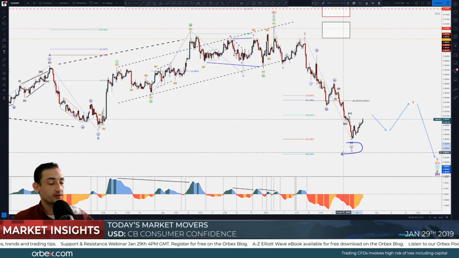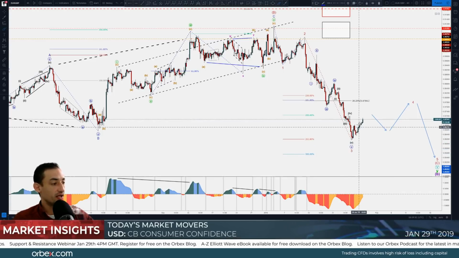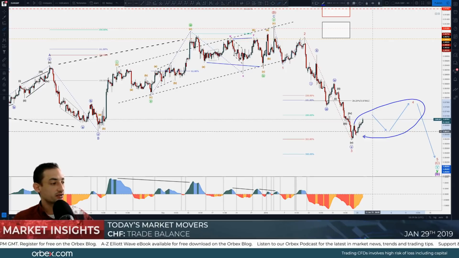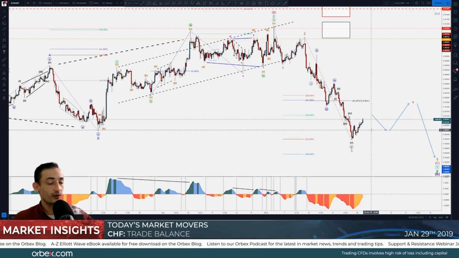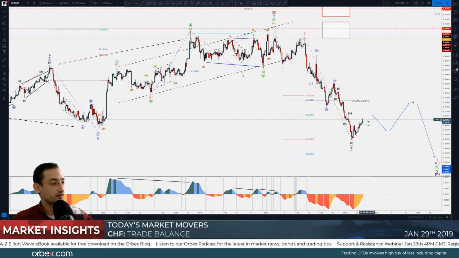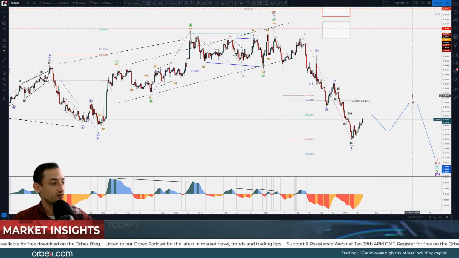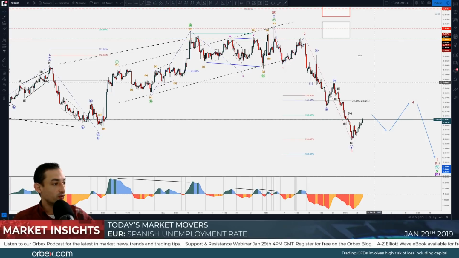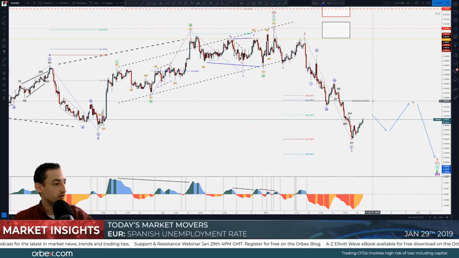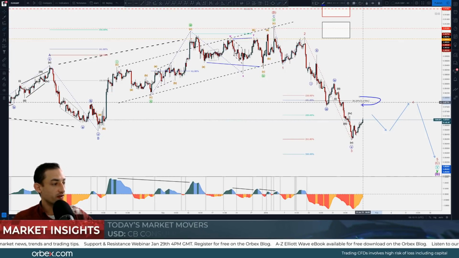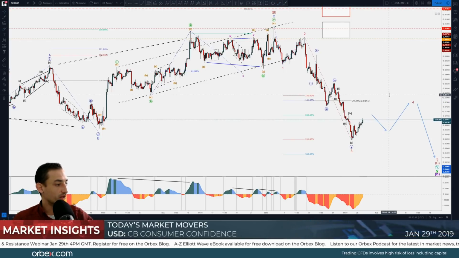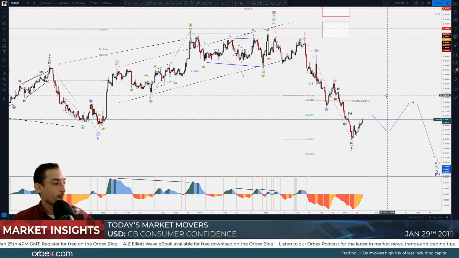I'm seeing the minor three red possibly complete, and a possibility for a complex structure, something that would most likely be prolonged in time, some more of a complex structure in this wave 4, minor red 4. So this would eventually, if this is correct, reach the 38.2 levels, which is the displayed level 0.8786.